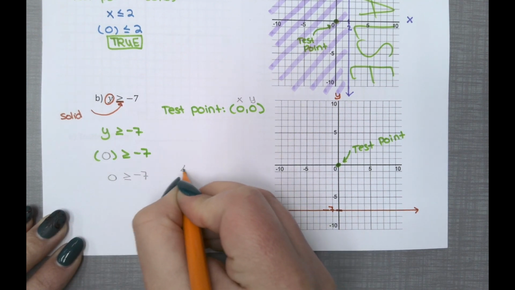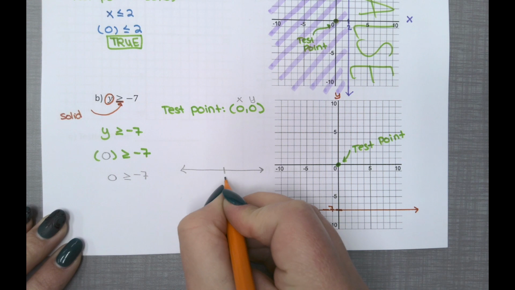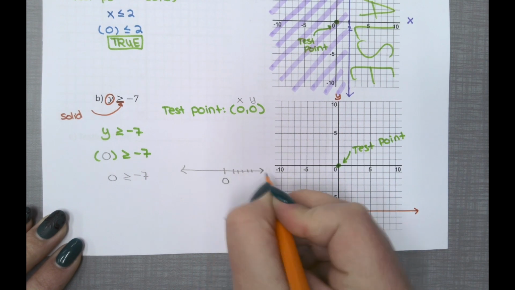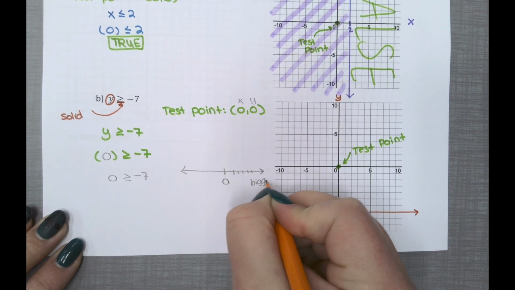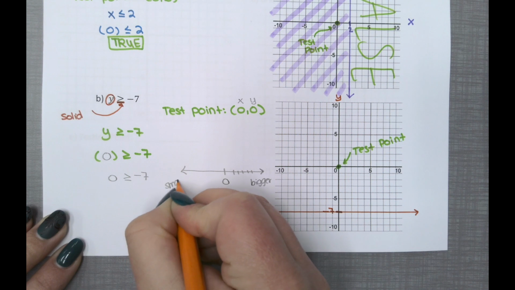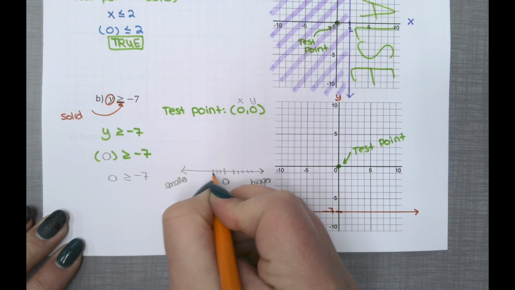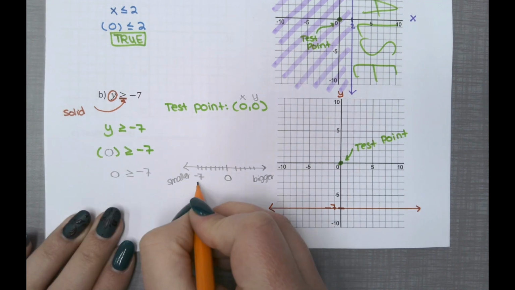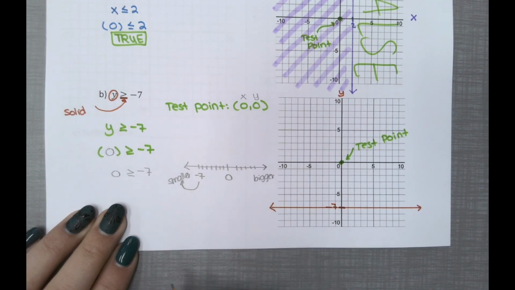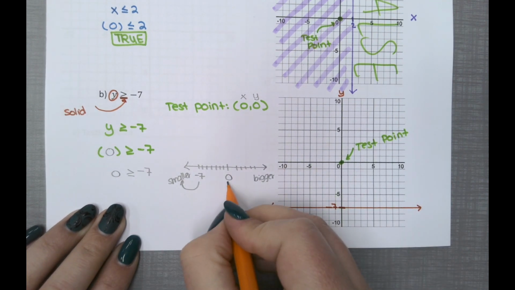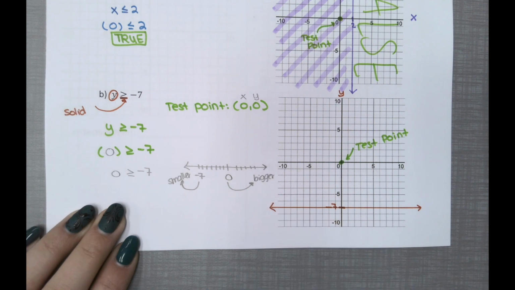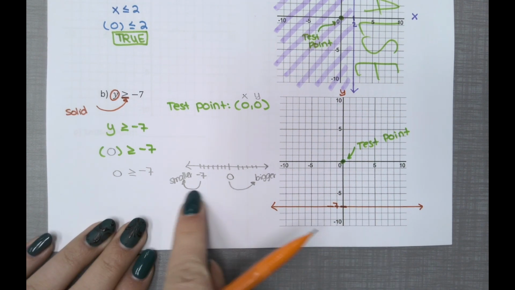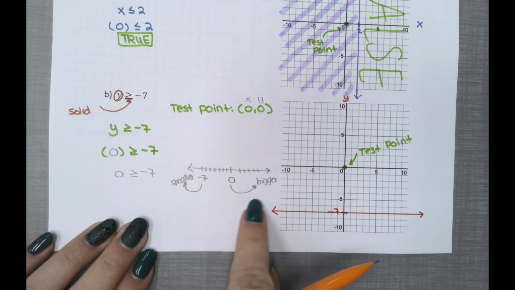Now sometimes this can be confusing with the zeros. So here's 0, here's our bigger side, here's our smaller side, and here's -7. You can see that -7 is closer to the smaller, left-hand side, and 0 is on the right. So that means -7 is smaller, 0 is bigger.